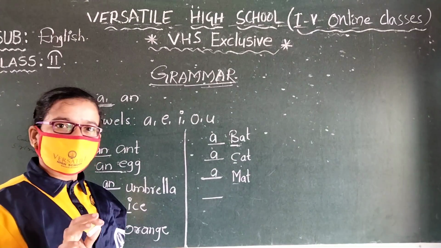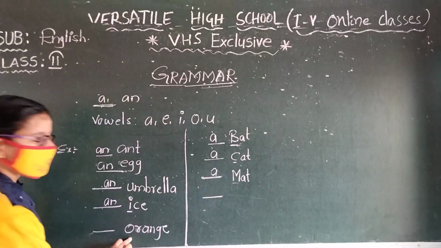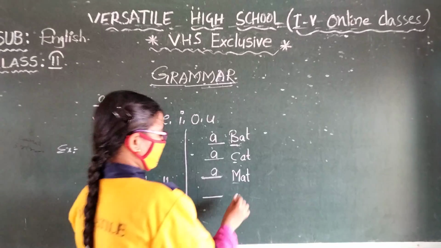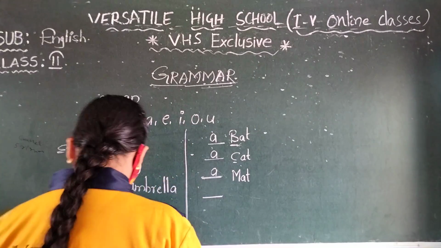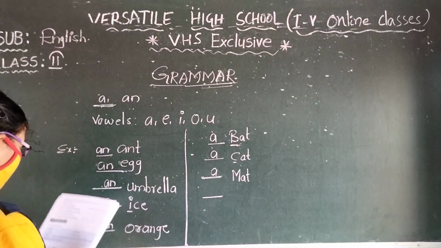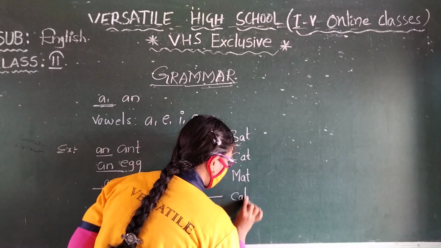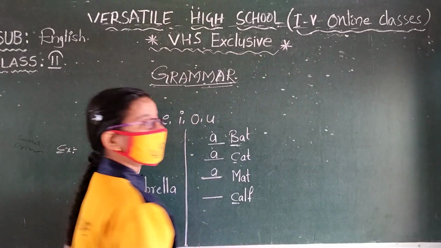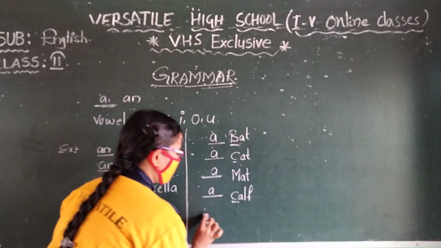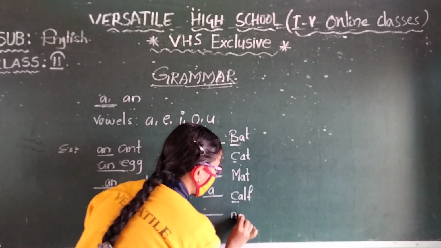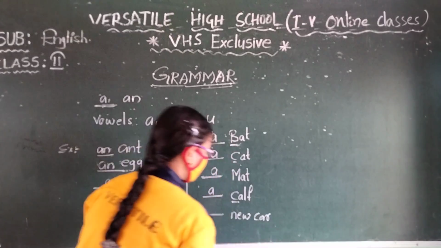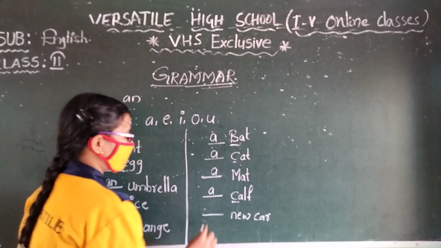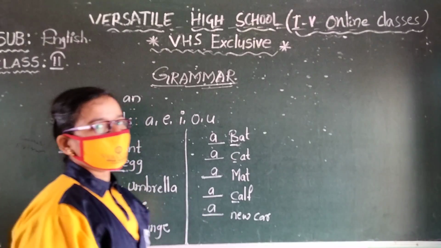O, a vowel sound. Before this vowel sound we use an. Next, calf. This is a consonant, we use a. A new car. This starts with a consonant sound, so we use a.